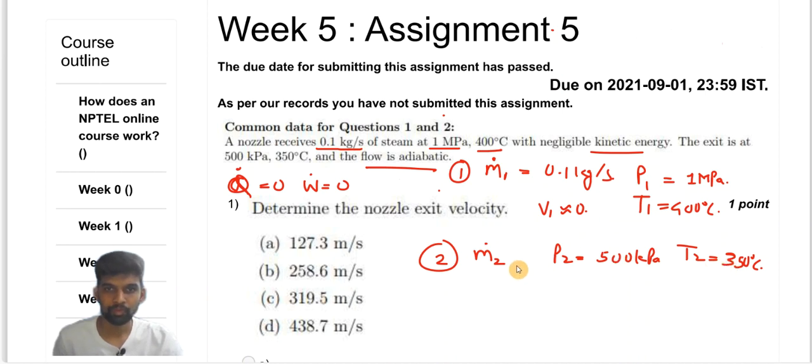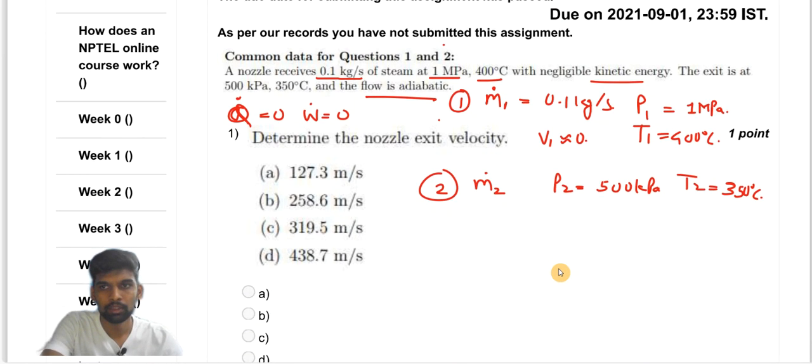Okay. So since nothing is mentioned about unsteadiness, we will assume that it is a steady state steady flow process.